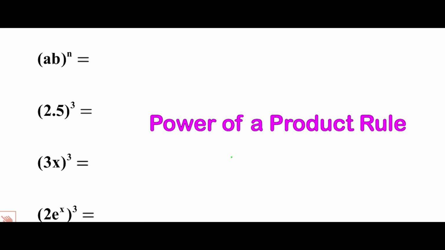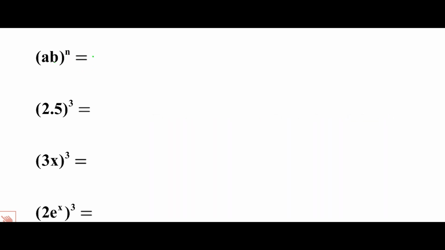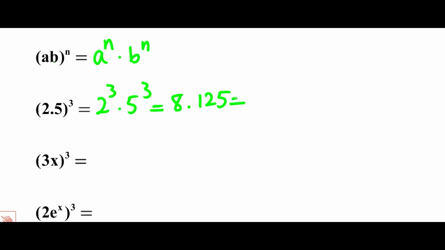Number 4. Power of a product rule. A times b, to the power of n, equals a to the power of n times b to the power of n. For example, 2 times 5, cubed, equals 2 cubed times 5 cubed, which is 8 times 125, equals 1000.